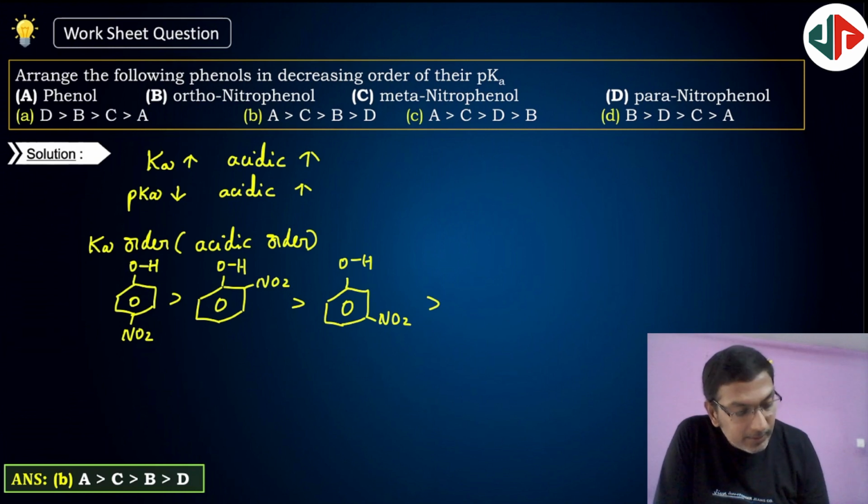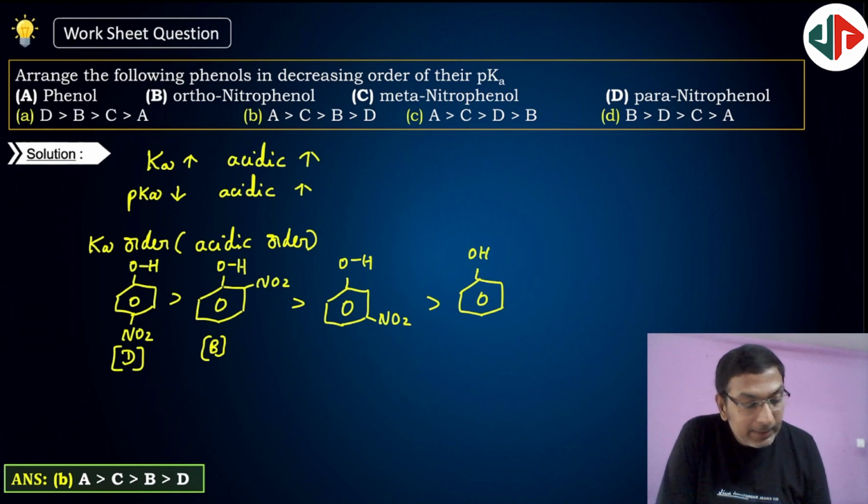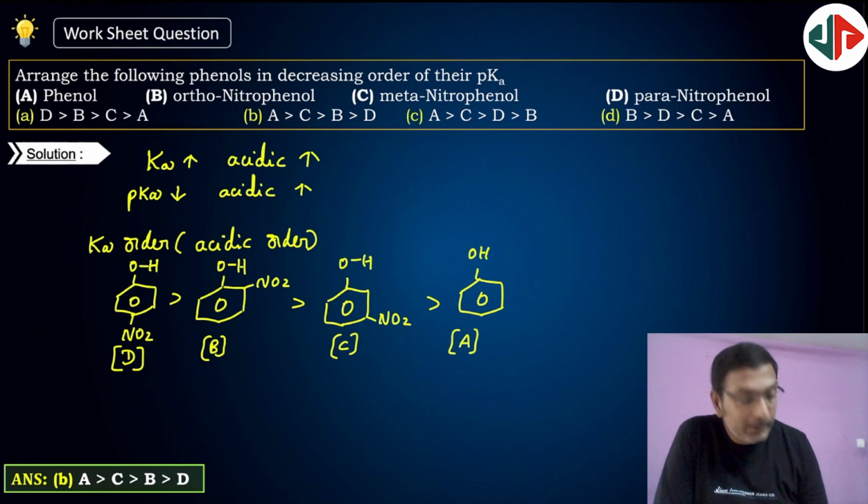And at the last phenol. So para-nitrophenol is compound D. Next ortho-nitrophenol is compound B. Next meta-nitrophenol is compound C. And phenol is compound A. This is the Ka order.